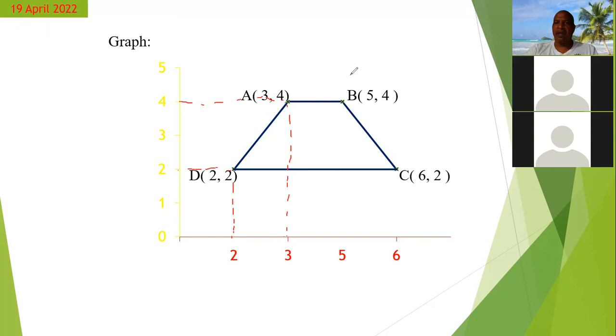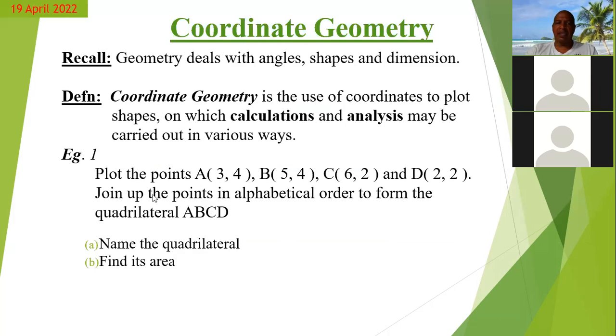All right, now if we go back to what the question was actually asking us for, the question says, plot the points A, B, C, and D. Join up the points in alphabetical order to form the quadrilateral.